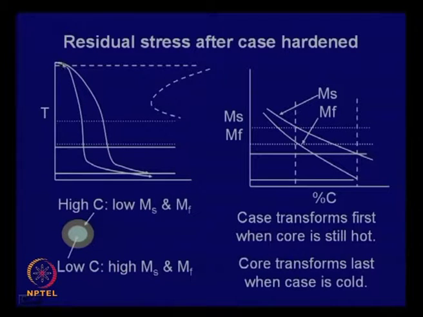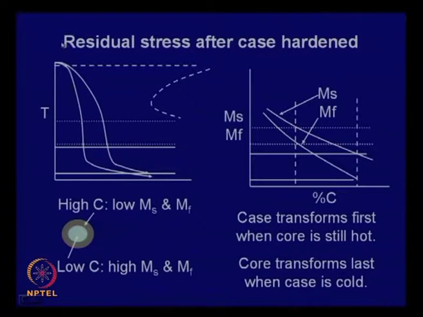When you are quenching, initially the temperature is the same and finally the temperature will be uniform, but you have this kind of cooling curve, and this is the case. So, the case cools much faster, whereas the core cools much slower.